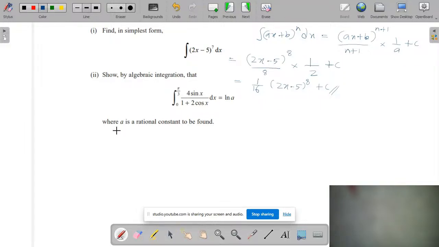See what I am going to do here. If I look at the denominator, we have 1 plus 2 cos x. If I differentiate this, 1 becomes 0, 2 cos x becomes what? Minus 2 sin x. But we don't have minus 2 there, but we have sin x. So we need to have what? Minus 2 there.